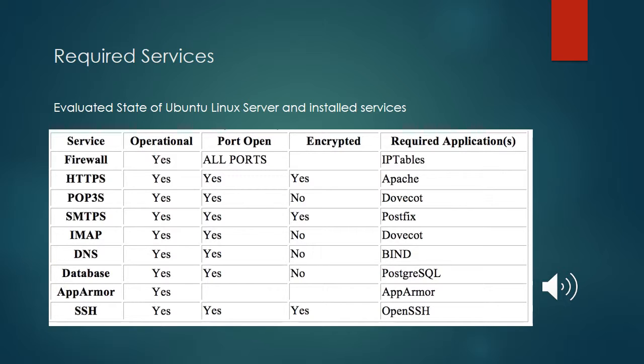First off, the firewall was configured and it was operational. However, the default input chain policy was set to accept, and this essentially created a firewall that was ineffective.